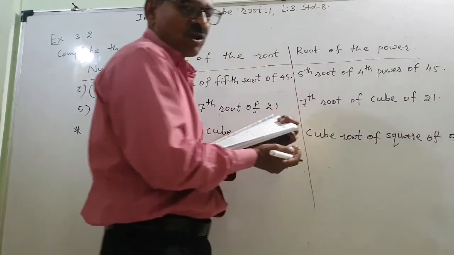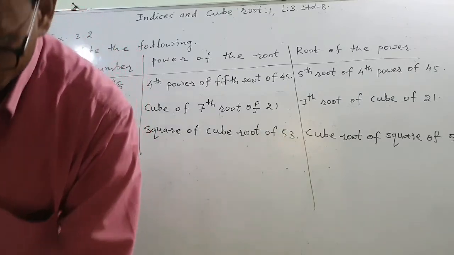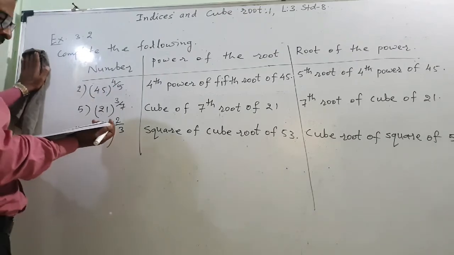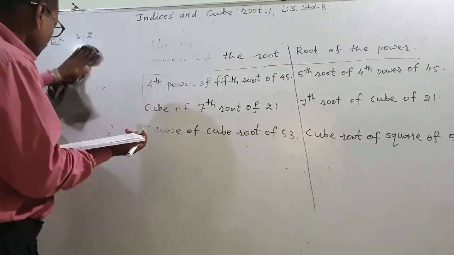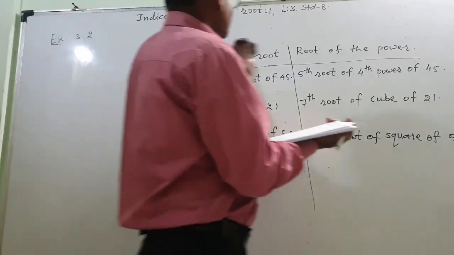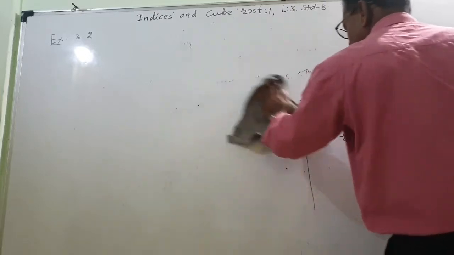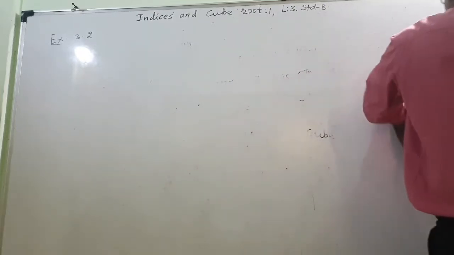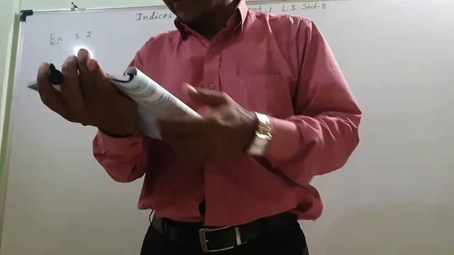Hope that this is all clear to you. So remaining sums are for you to solve as the homework. Now this was the question number 1. Now I am going to do the question number 2nd, and here I will complete this video, and question number 3 we will do in the separate video.